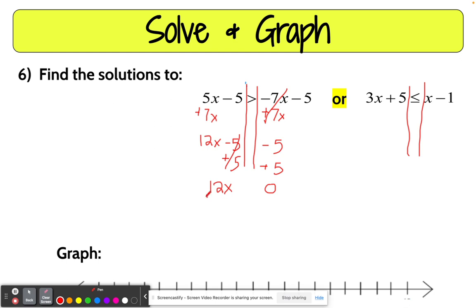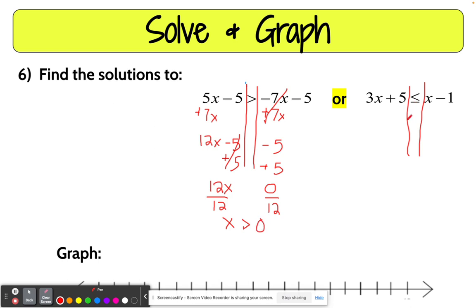Last step, I'm going to divide both sides by 12. I'm dividing both sides by a positive number. Therefore, I do not need to flip. I'm going to have x greater than 0 divided by 12 is 0.